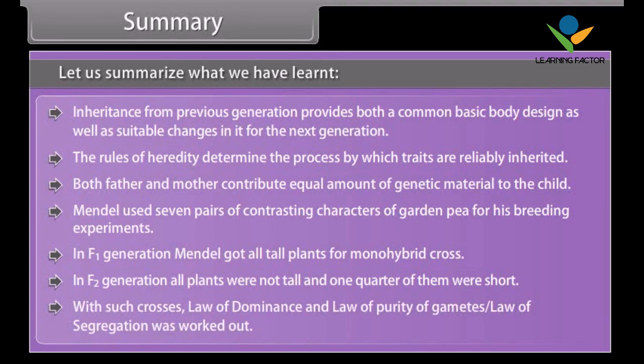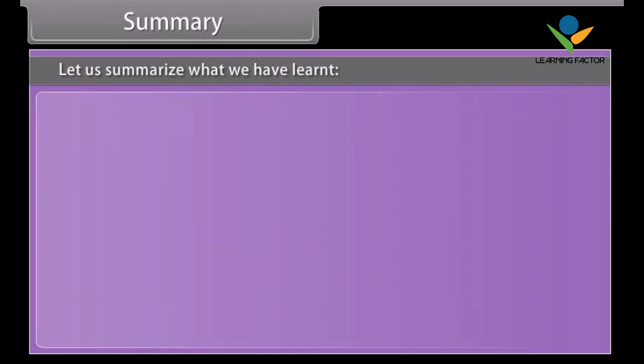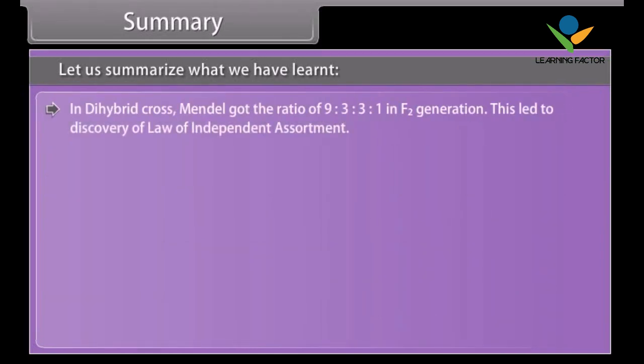With such crosses, the law of dominance and the law of purity of gametes, which is also called the law of segregation, were worked out. In a dihybrid cross, Mendel got the ratio of 9:3:3:1 in the F2 generation. This led to the discovery of the law of independent assortment.